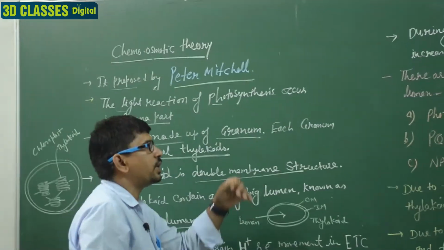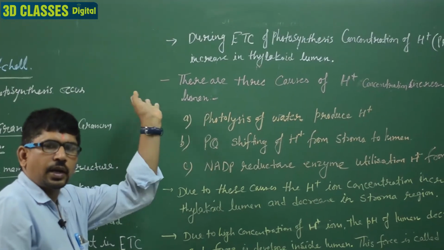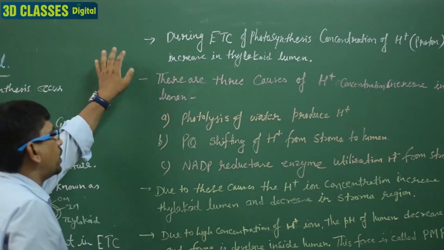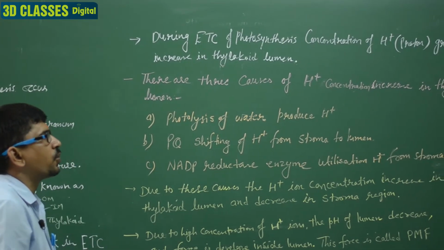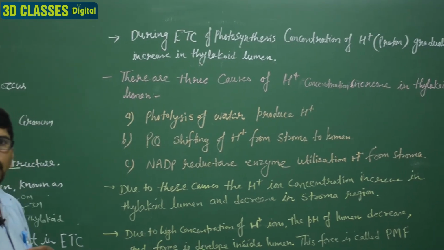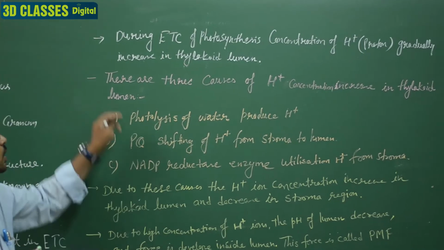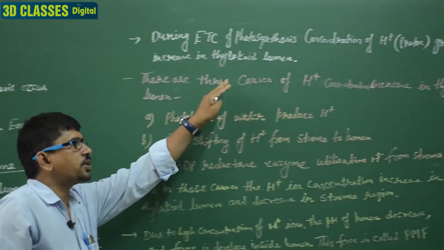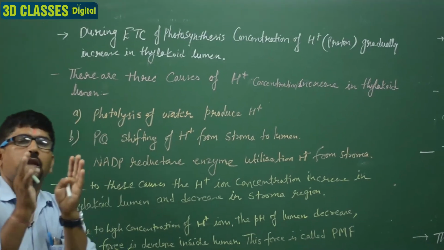Next, the process we can discuss during ETC. During ETC, it means the cyclic and non-cyclic process of the electron. During ETC in photosynthesis, the concentration of H plus protons gradually increases in the thylakoid lumen.